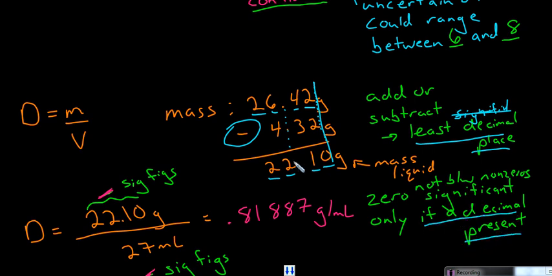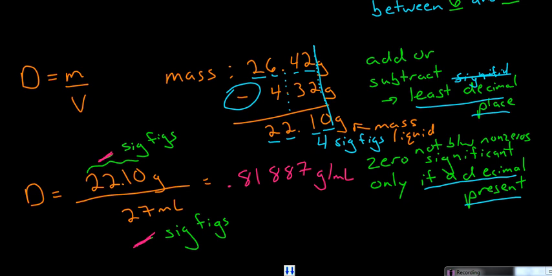So if we have a decimal, such as here, then a 0 will most definitely be significant, whether it's to the left of the decimal or to the right of the decimal. And so we can consider all these to be significant. We have 4 sig figs in this number for our mass. And then we can also consider our density. You recall that we reported to have, well, just 2 sig figs in this 27 mils.